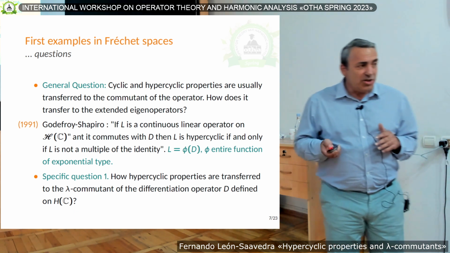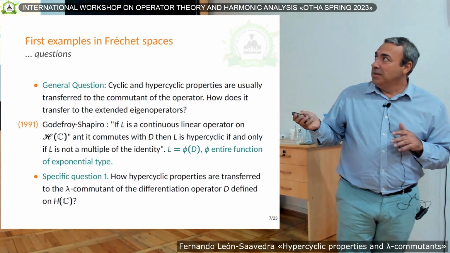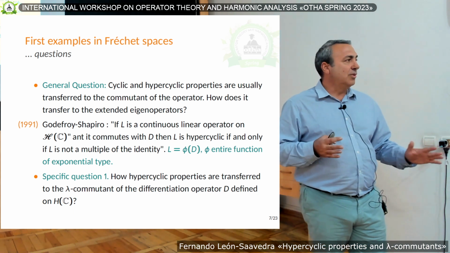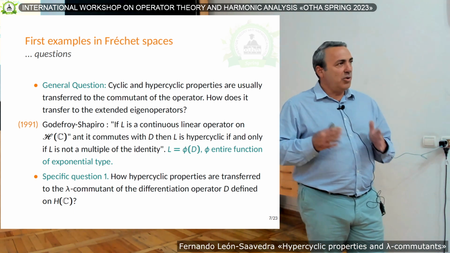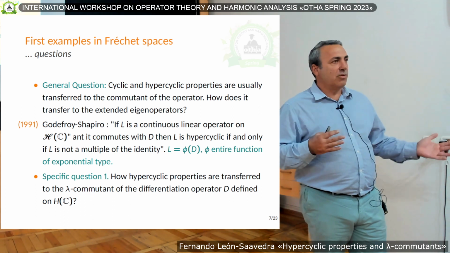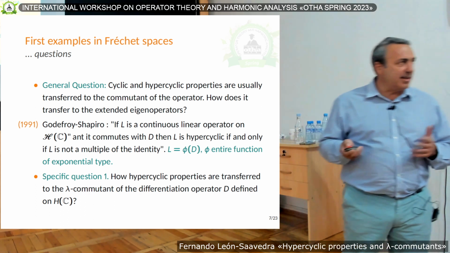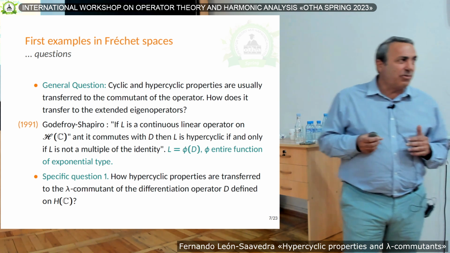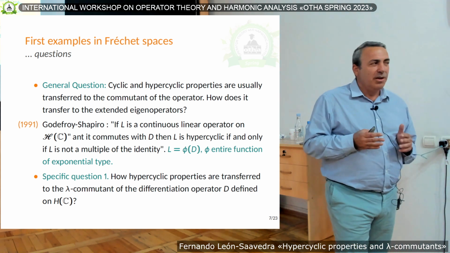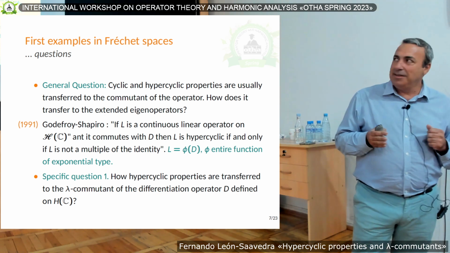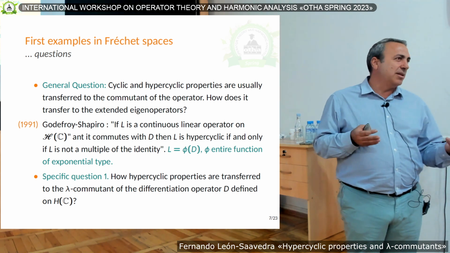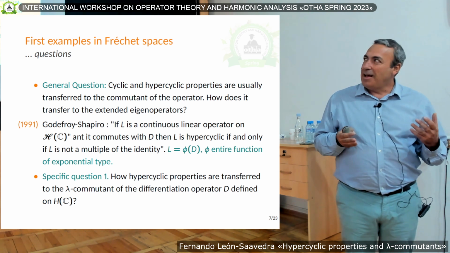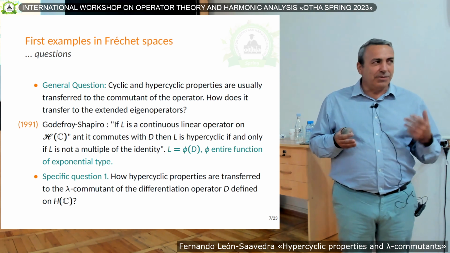So, the general question is the following. Cyclic and hypercyclic properties are transferred to the commutant in some way, and we want to know how this happens for the lambda commutant. Here there is an example. In 1991, Godefroy and Shapiro unified the classical results by MacLean and Birkhoff in the following sense.